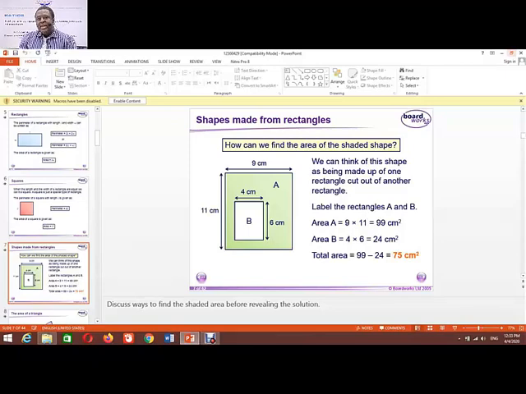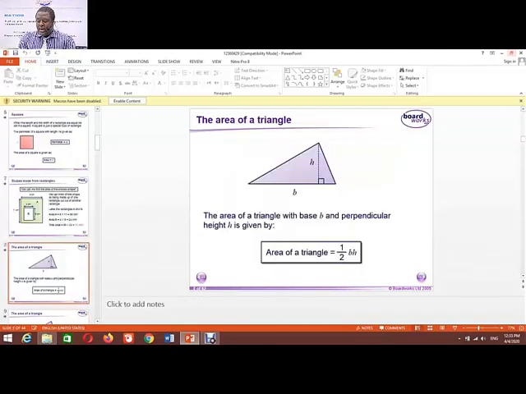So here the area of A is 9 times 11, which is equal to 99 centimeters square. The area of B is 4 times 6, which is 24 centimeters square. Now the shaded area is the difference between the two areas, which is 99 minus 24, which is 75 centimeters square.